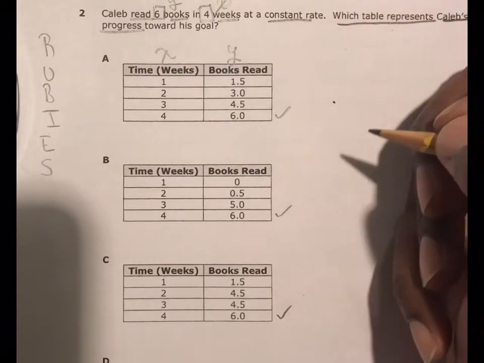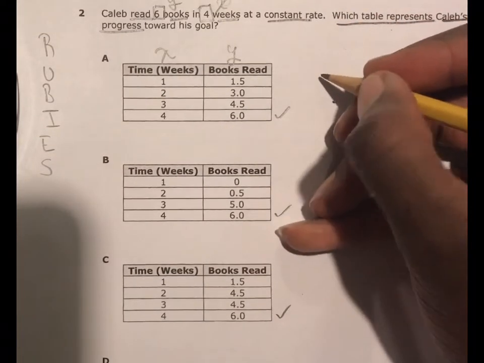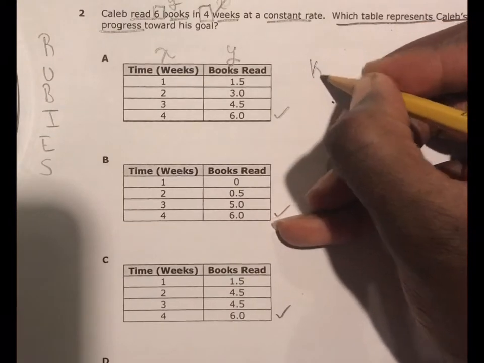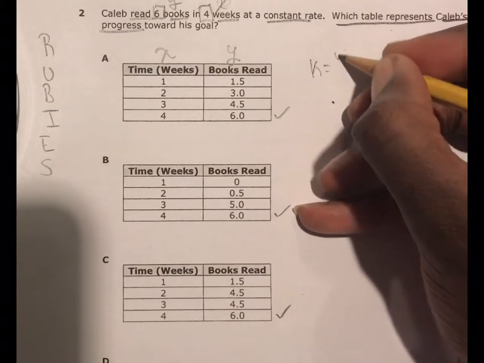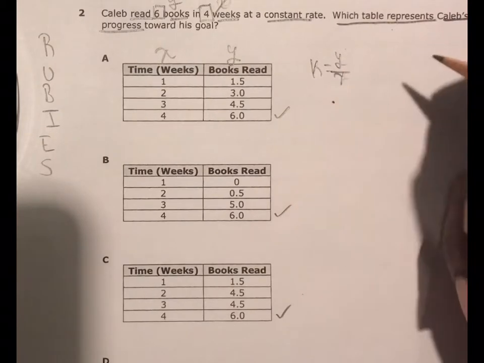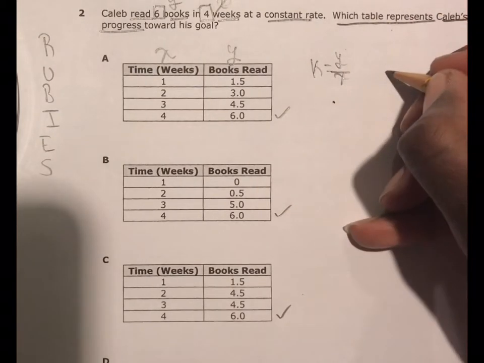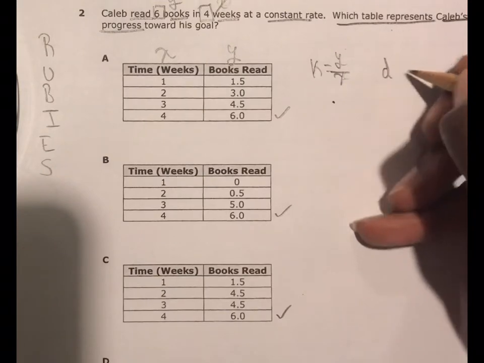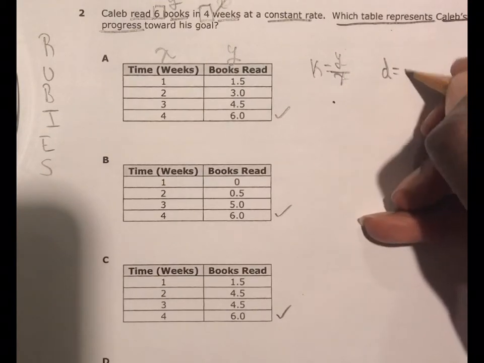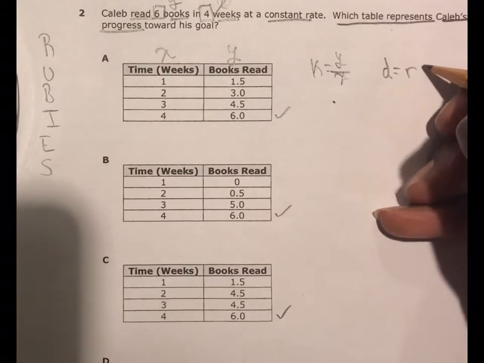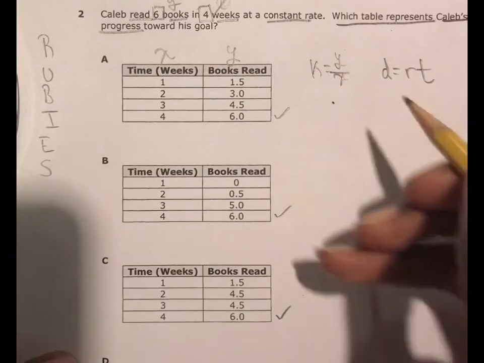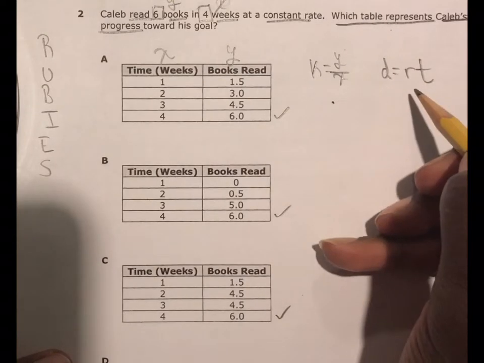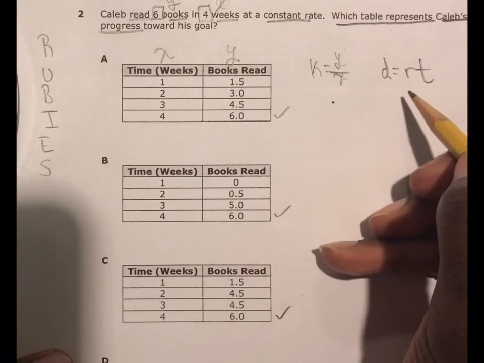So now that we know this information, we also know that our constant rate of change can be found by K is equal to Y divided by X. This is because as distance goes on, you can multiply that by the rate and the time. So basically, even though these use different variables, they're saying the same thing.